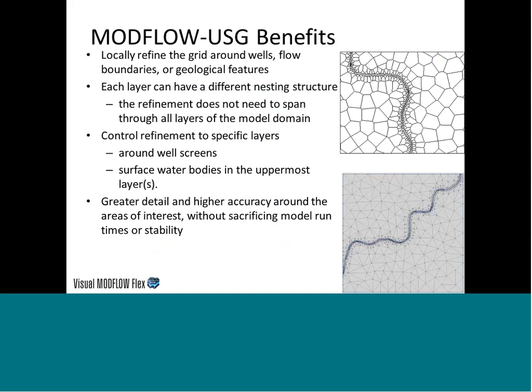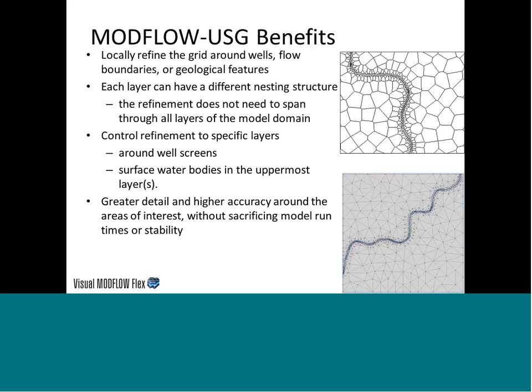So some of the benefits of MODFLOW-USG is that you can locally refine the grid around your areas of interest, including wells, flow boundaries, or geological features, or have nested grids around an area of contaminant transport. Each layer can have a different nesting structure, so the refinement that you specify does not need to span through all layers of the model domain.